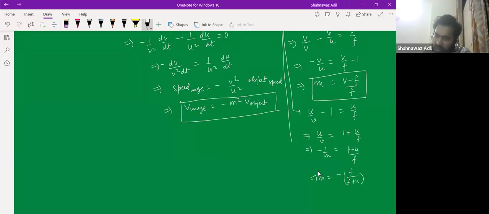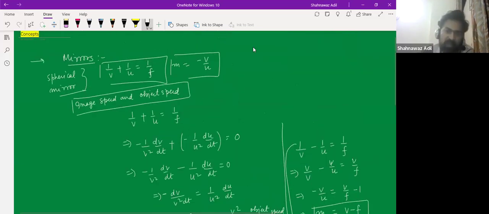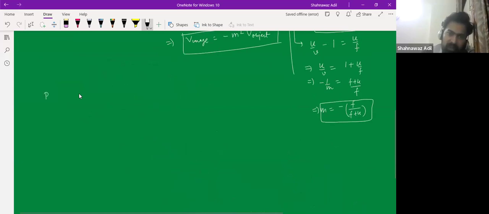So these are some important relations, right? And in the plane mirror, we have this important formula for the number of images.